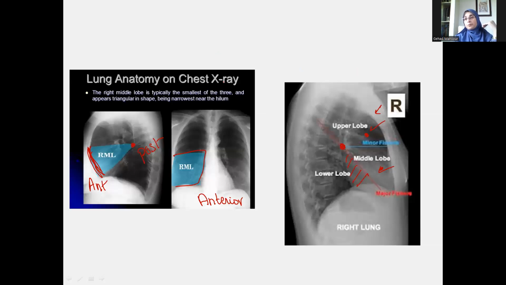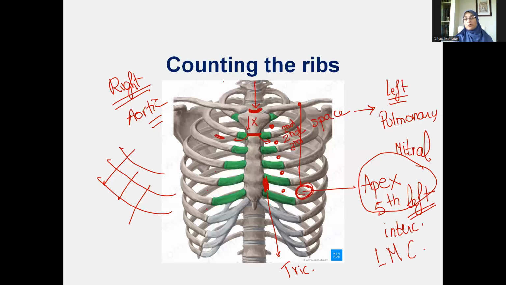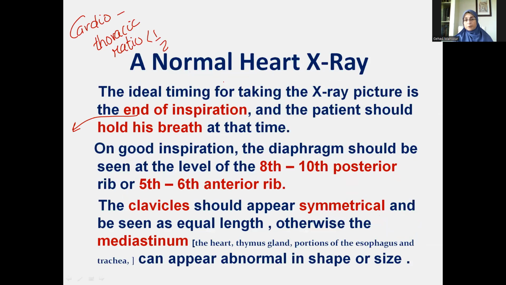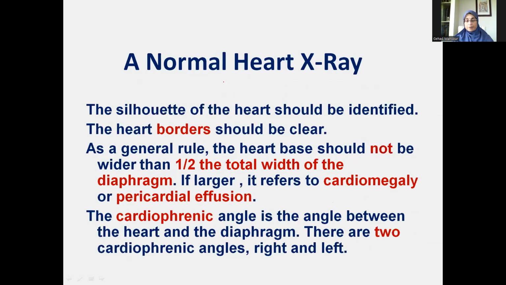If you are counting the posterior part of the ribs, which are inclined like this, then the diaphragm should be at the level of the 8th to 10th. I'm sorry, maybe I do not see them well, but I'm not able to differentiate between the posterior and anterior parts of the ribs.